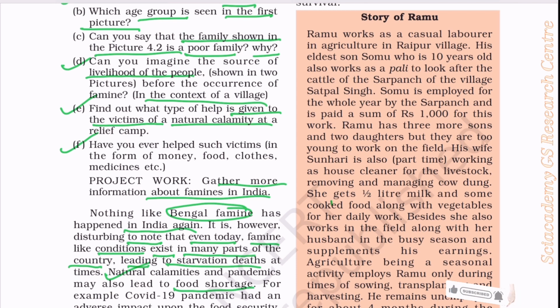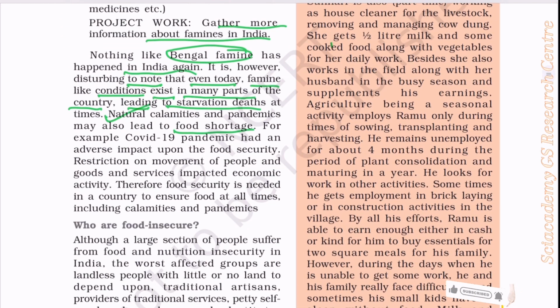For example, the COVID-19 pandemic had an adverse impact upon food security. Restriction on movement of people and goods and services impacted economic activity. Therefore, food security is needed in a country to ensure food at all times, including calamities and pandemics.